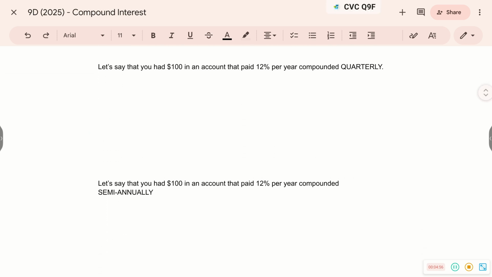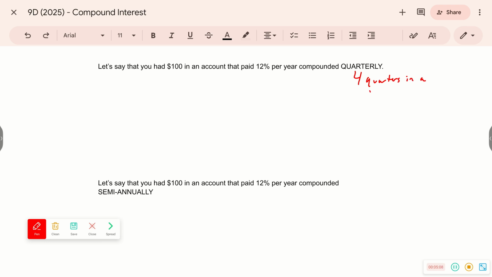All right, say we had $100 in an account that paid 12% per year, compounded quarterly. So 12% compounded quarterly, there are 4 quarters in a year, so the 12% is split into 4 quarters.